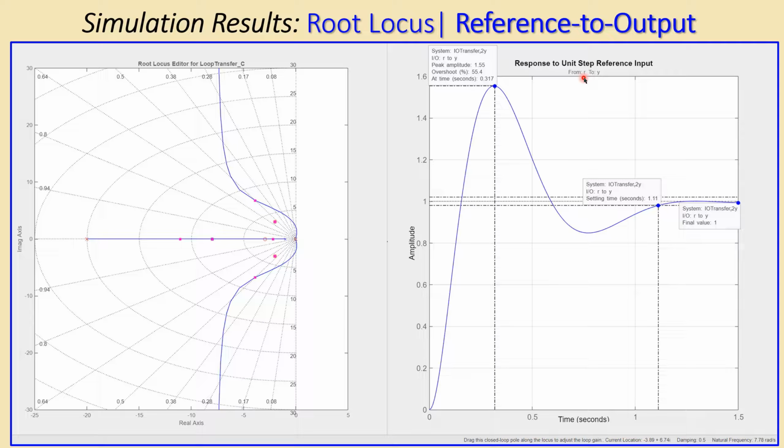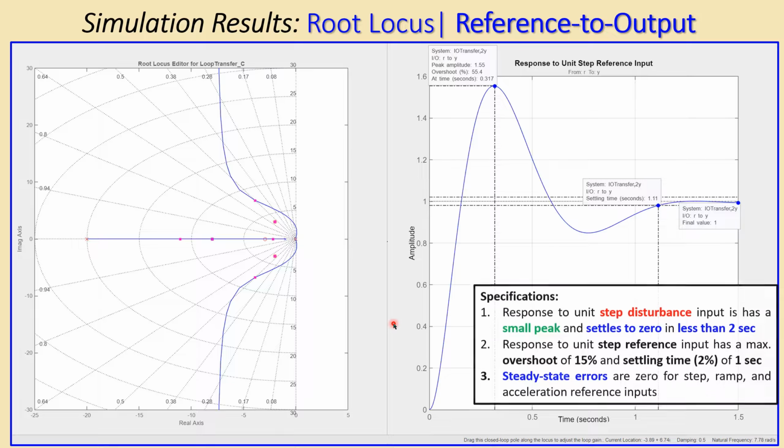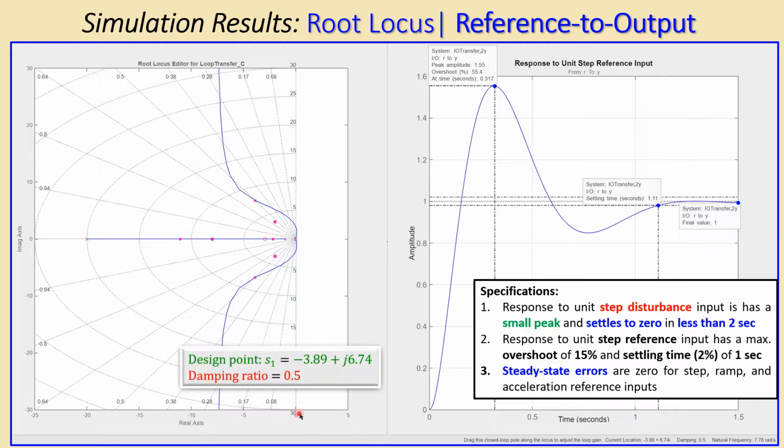You can also see from here, from R to Y, which is actually shown in MATLAB. And again, same business also shown here. You can see this is the design point, which is also shown here. So in the right bottom here, so minus 3.9 approximately, and then plus 6.74i, and we had minus 4 plus J6.6, so it's very close.